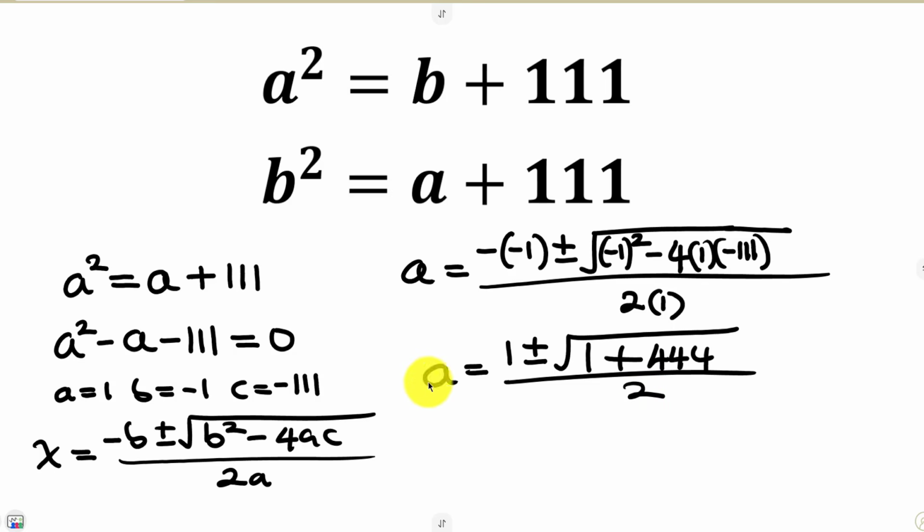Very good. So this becomes a equals 1 plus or minus the square root of 1 plus 444, which is 445, all over 2. So there are two values of a from here.